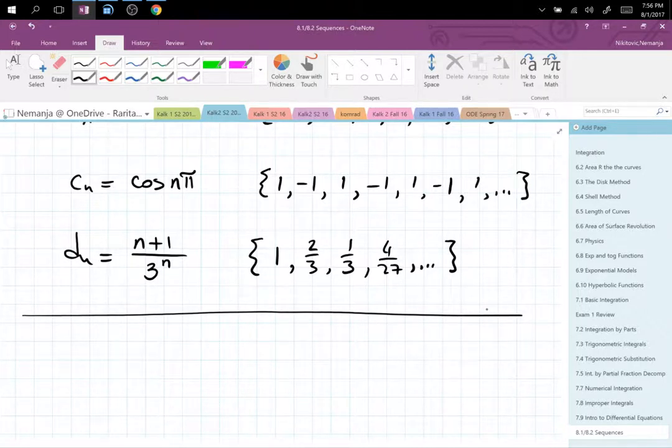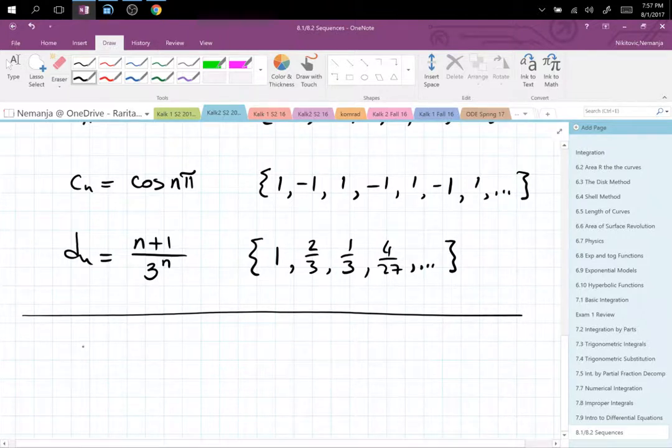So we've seen now that we can generate the sequence using the formula. Now we can also generate the sequence using something that is called recurrence relation, which is the formula which generates the sequence based on the previous input.